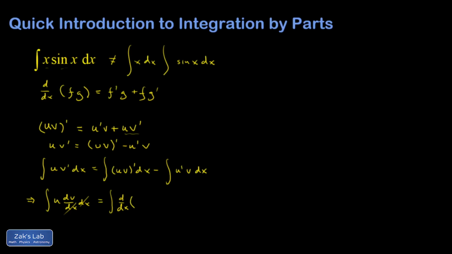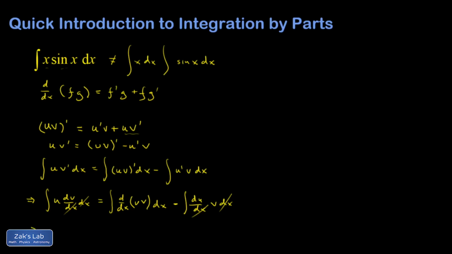The second one's a little tricky. The derivative of uv. And so what I have here is the integral of the derivative of a thing, or the antiderivative of the derivative. Those undo each other, and I just get a uv in the next line. And then the last one is du dx times v dx. In other words, the integral of v du.